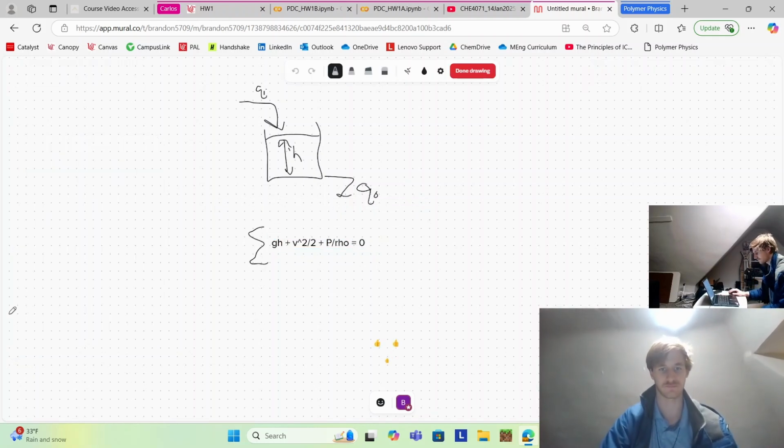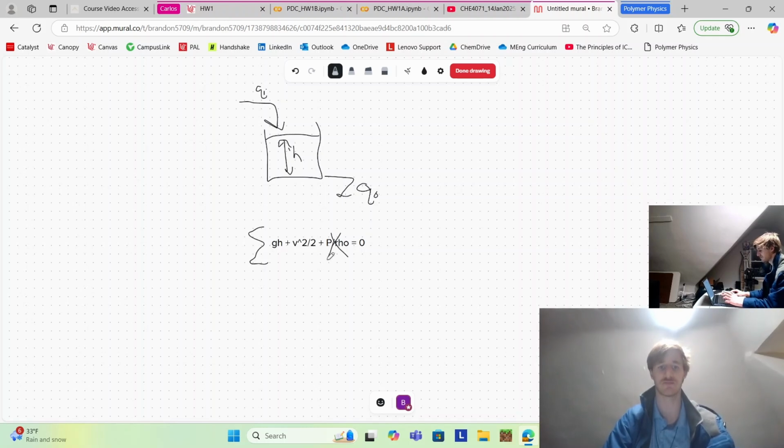All right. So for this pressure over rho, our pressure on the top of the tank is 1 atmosphere, and the pressure at the outlet is also 1 atmosphere, and our densities are of course the same, so that it's canceled out.